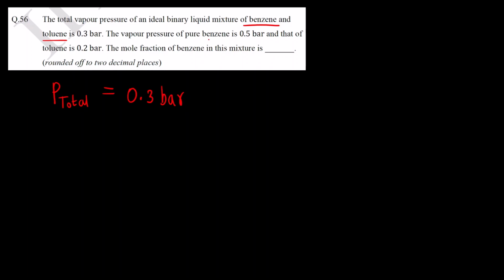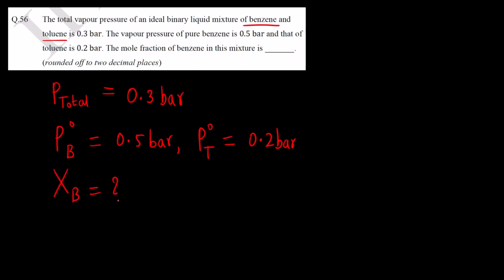Then the vapor pressure of pure benzene, pure means P0, of benzene I will write B, that is 0.5 bar. Then the pure vapor pressure of toluene I will write as P0T, that is 0.2 bar. What we have to calculate is the mole fraction of benzene, that is unknown.